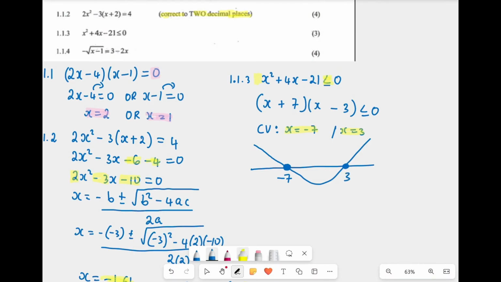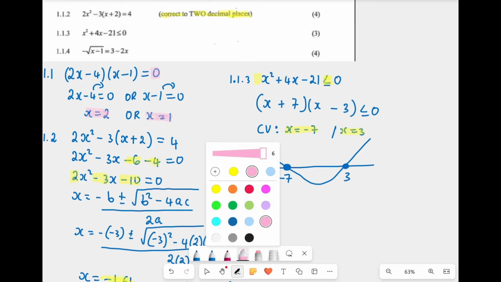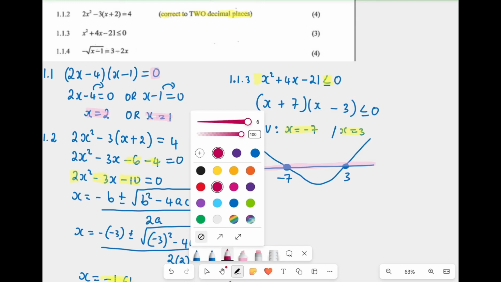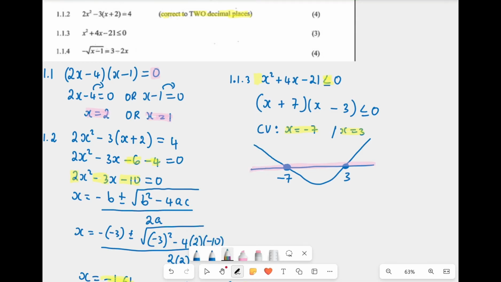Now, I am looking for values of x where this curve is below the x-axis. So I am going to highlight my graph below the x-axis.